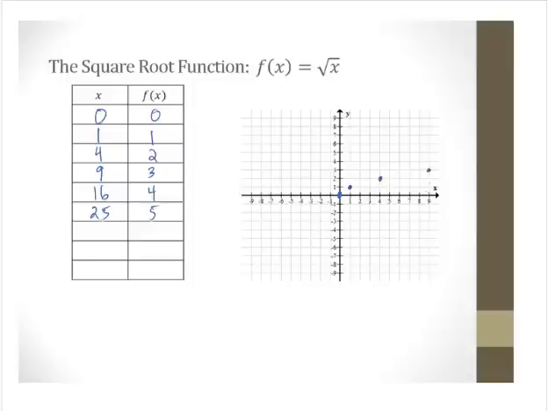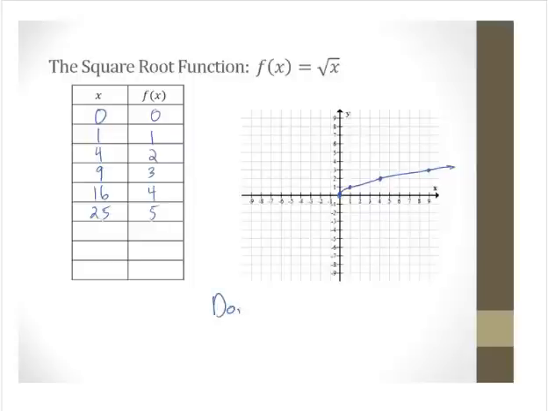My next point would be (16, 4), which might be out here somewhere. So for the graph, we start at (0, 0), and we only move to the right. So there's the graph of the square root function.